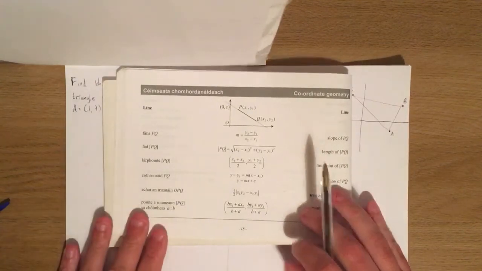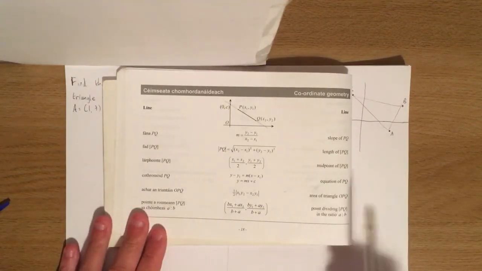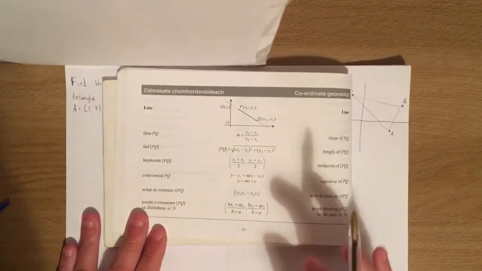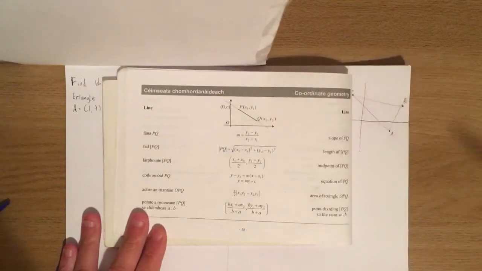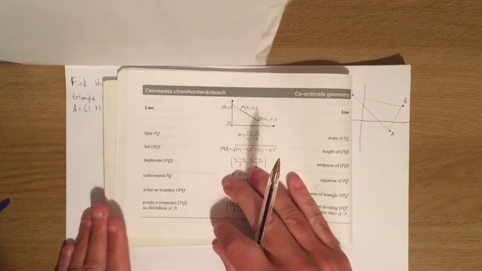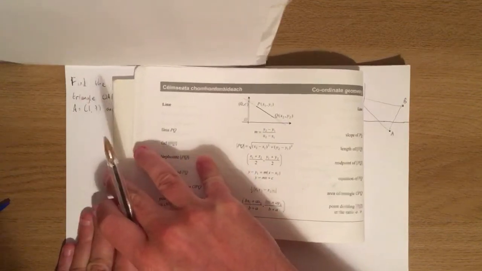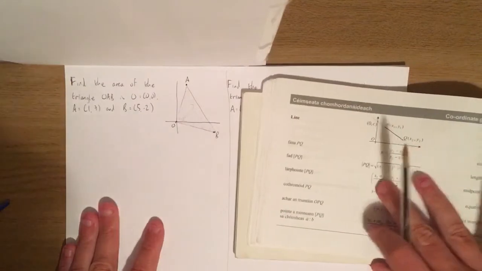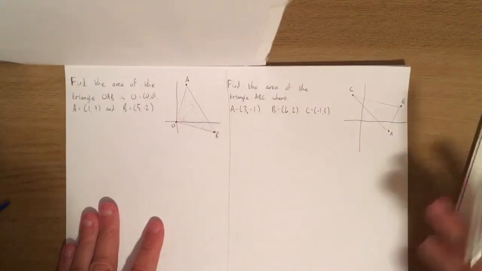Okay? Just to say that we do have another formula for triangle on the course. It's half the base by the perpendicular height. If it's not on a coordinate plane, that's the formula you'll use. Sometimes you'll be able to use that formula on the coordinate plane, but most often if you've got your x, y axis and you're asked to get the area of a triangle, this is the formula to use.